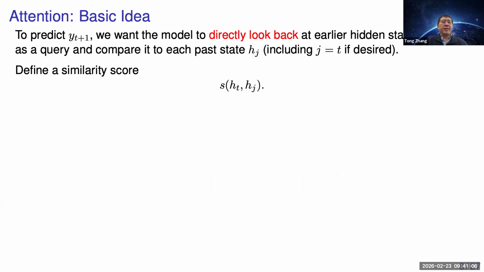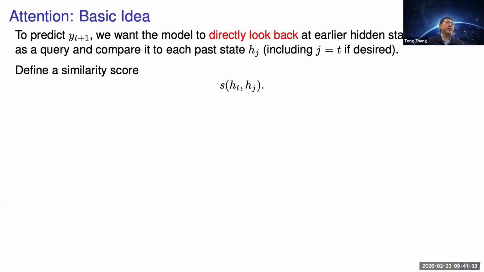The basic idea of attention, again, is a direct lookup. How do you create some kind of memory system so that at any time t, I can look at any past history like h_j? h_t is my current state and h_j are the earlier states.